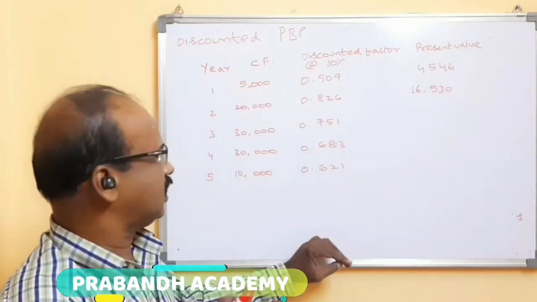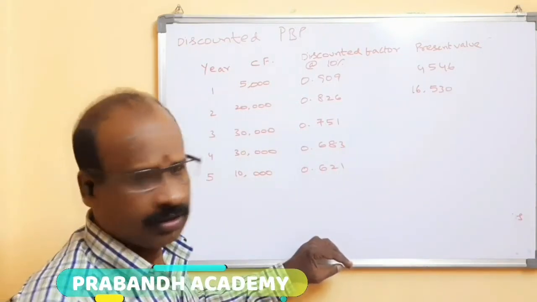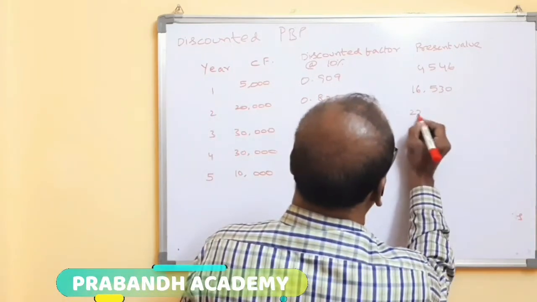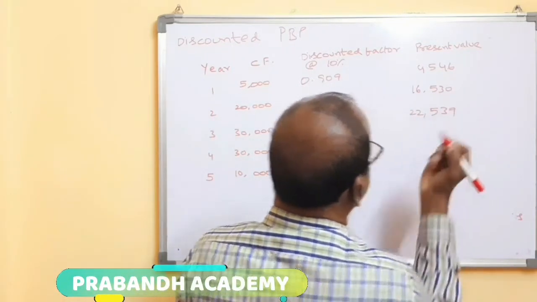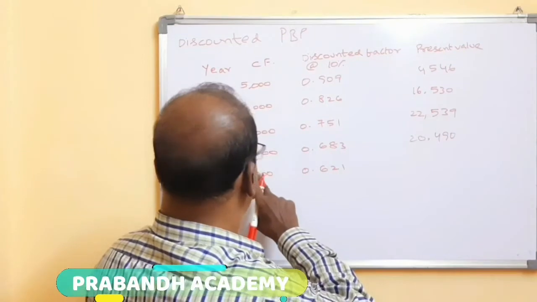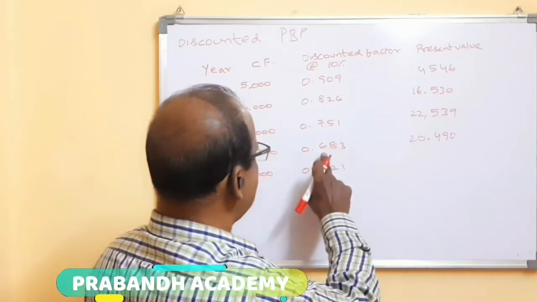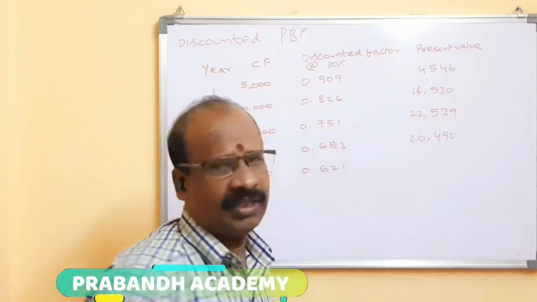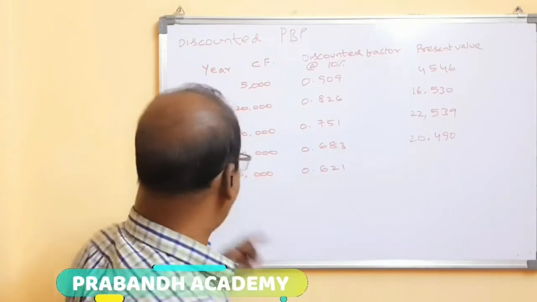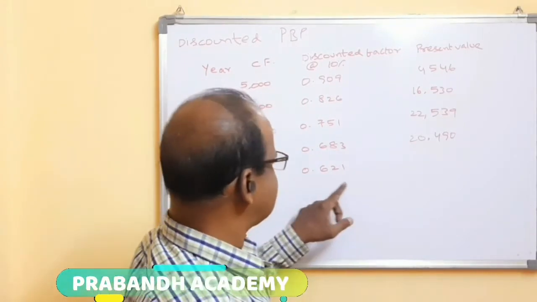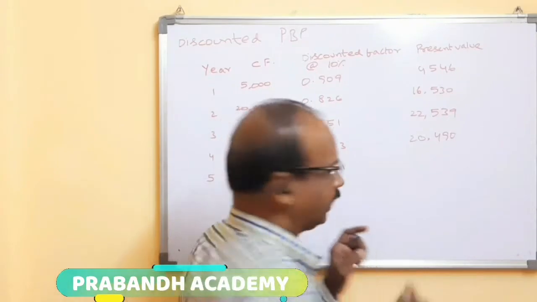Third year, 30,000 into 0.751, we get 22,539. Fourth year, 30,000 into 0.683, we get 20,490. And fifth year, 10,000 into 0.621, we get 6,210.